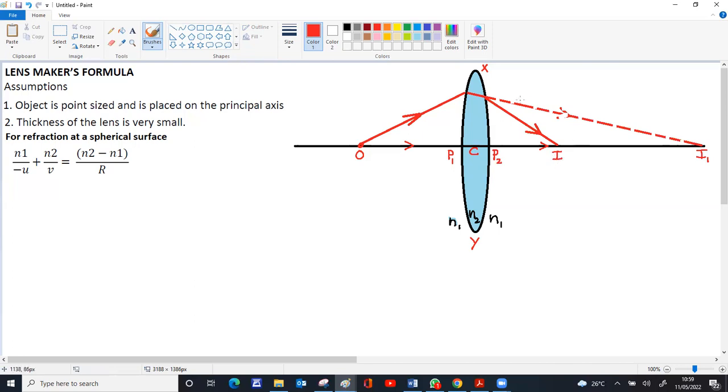The first light ray bends towards the normal. The second light ray bends away from the normal.